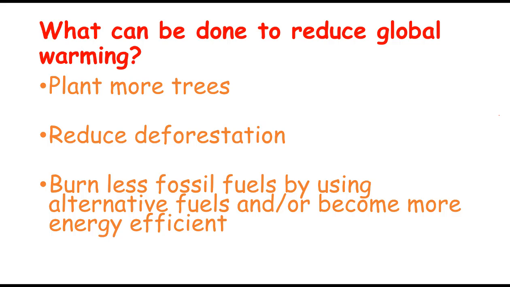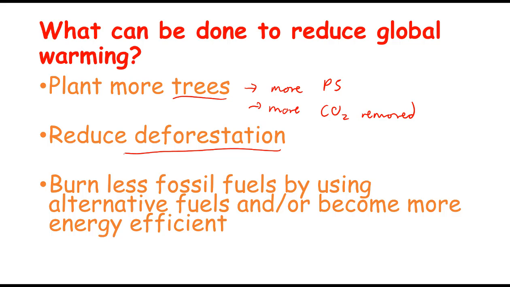And this is what can be done to reduce it. Plant more trees, so there is more photosynthesis, and then there will be more CO2 removed. You reduce deforestation, which pretty much goes along with this. And then burn less fossil fuels by using alternative fuels and or becoming more energy efficient.